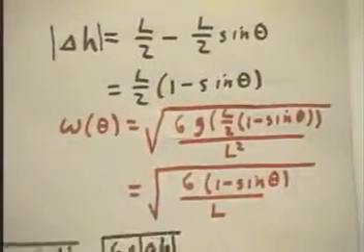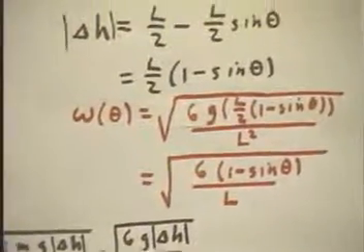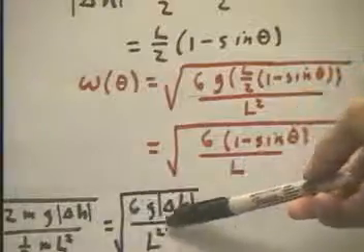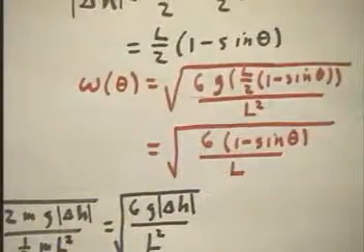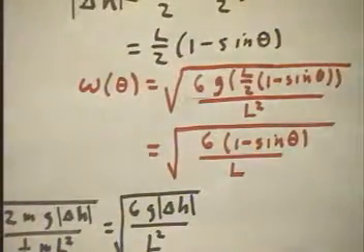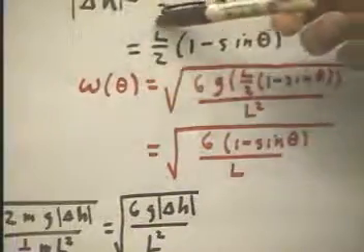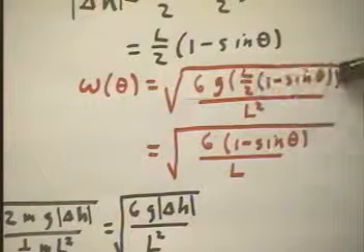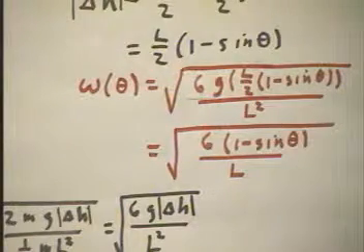So we can express omega, which was, you recall, originally the square root of 6g delta H over L squared, as, since delta H is L over 2 times 1 minus sine theta, the square root of 6g times L over 2 times 1 minus sine theta over L squared.